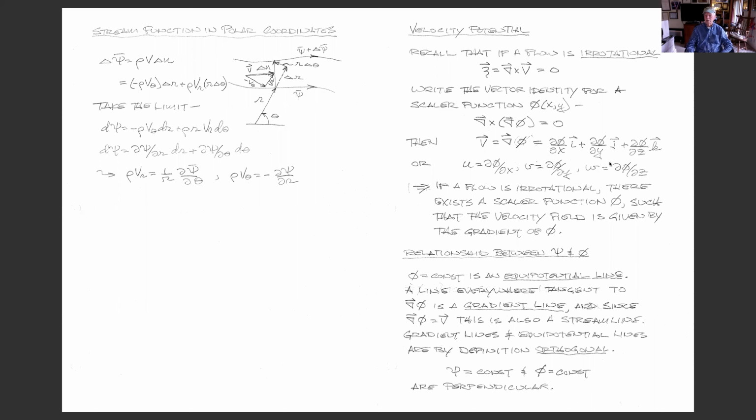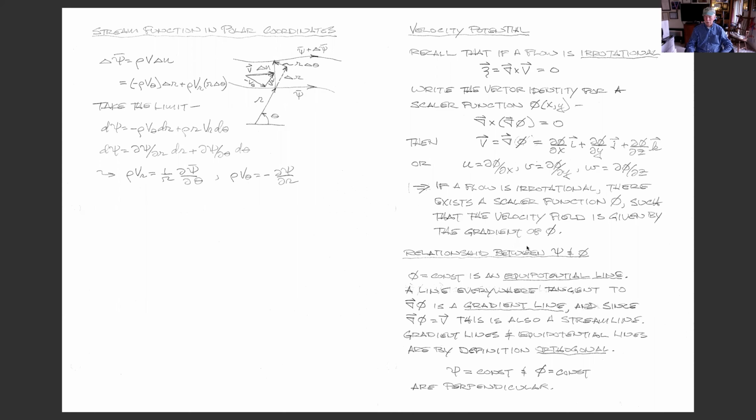As I say, it's a reductio ad absurdum proof. So it says, if a flow is irrotational, there exists a scalar function phi such that the velocity field is given by the gradient of phi. This is very powerful.